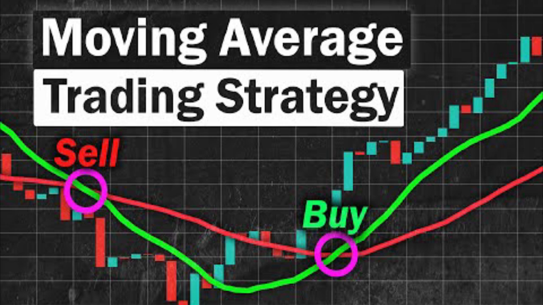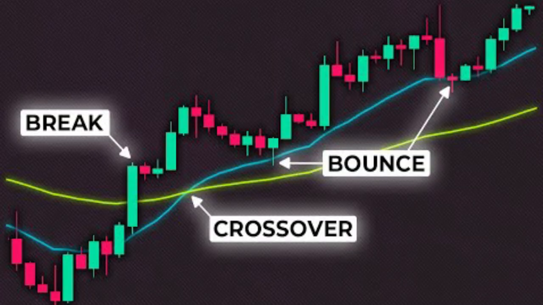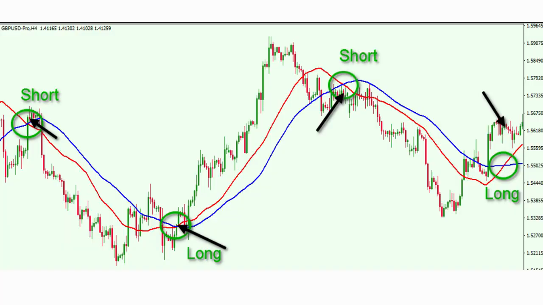And have it at the back of your mind that the moving average works extremely well during a trending market. That is why I said you need to combine it with what? Price action. Because during a ranging market, you're going to get so many whipsaws. But by combining with price action, you will get a better entry and exit.